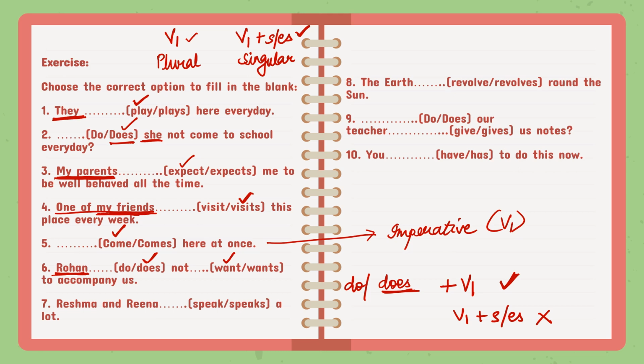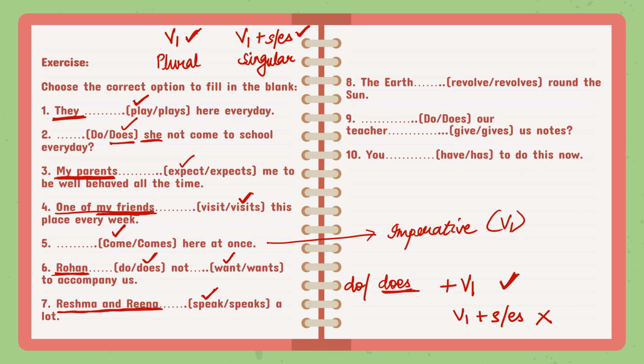Next sentence is Reshma and Reena dash a lot. Over here we can see our subject is plural. Reshma and Reena. So with plural subject we use plural verb, which is first form of verb. So our answer will be speak. Reshma and Reena speak a lot.